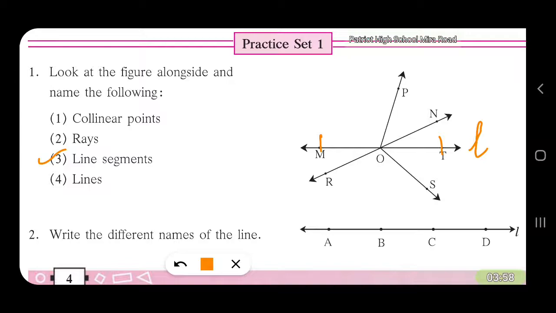Similarly, we have line segment RN, which is lying on, say, line M. So RN is part of the line M. So RN is also a line segment. So we have line segment MT and line segment RN.